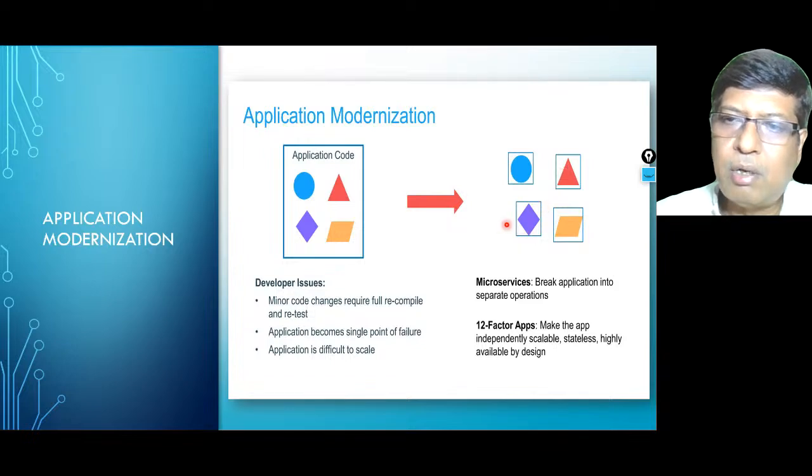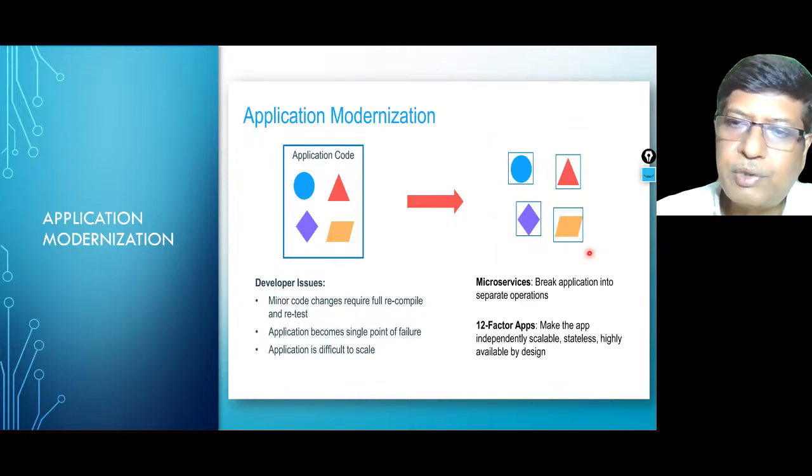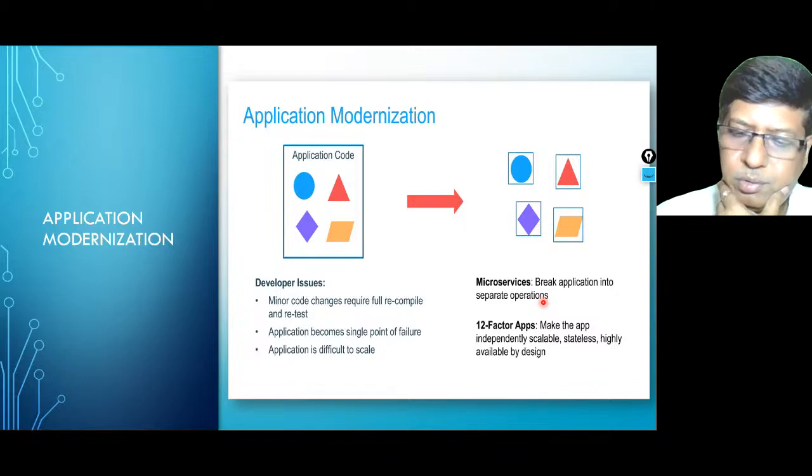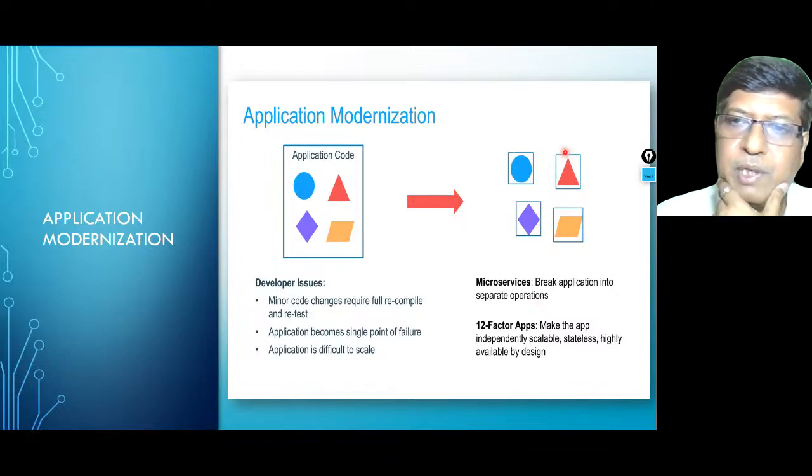This is the order management, this is the shopping cart, and this is the payment gateway. But all these are included in one big application called the e-commerce application. So they are microservices, breaking the application into separate operations. And this is possible because you can containerize. This application is containerized, one container, one container, one container, one container.